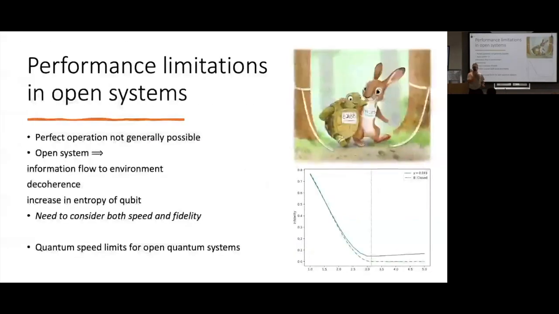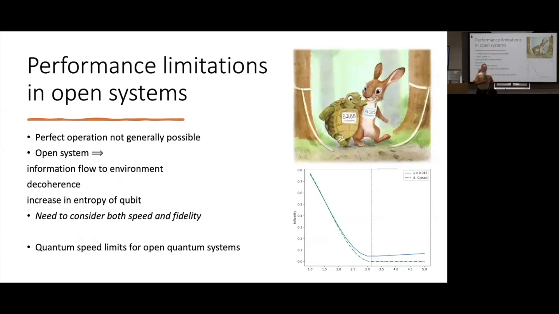But hang on, this statement that information flows into the environment and doesn't come back is one of the notions of Markovianity. And we know there are non-Markovian baths. So if we have a non-Markovian bath, maybe it's possible that if we have enough time, we can recover some of the information that's lost to the environment during the subsequent evolution, and not get a curve which looks like this, where you want to work at the speed limit, but maybe you want to go slower because you can do better if you do.